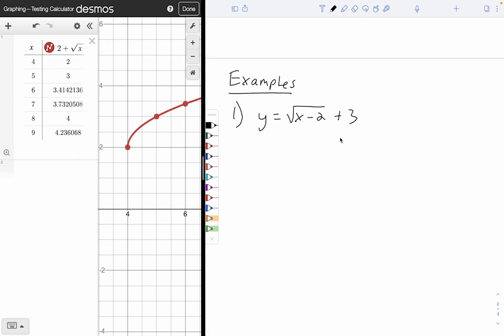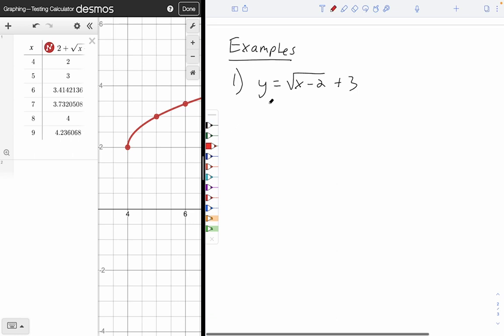Okay, so step one is to switch x and y. What I mean by this is the letter y and the letter x will literally switch places. So instead of y equals square root x minus 2, this will become x equals square root y minus 2, and then plus 3. So the x and y will switch.